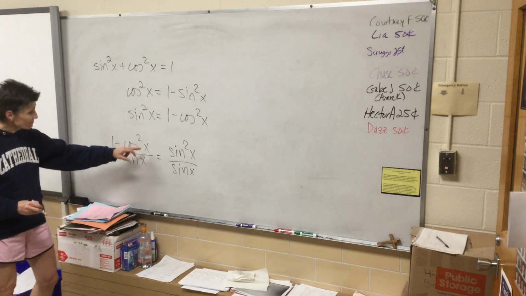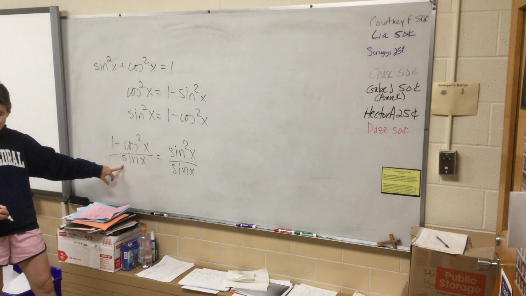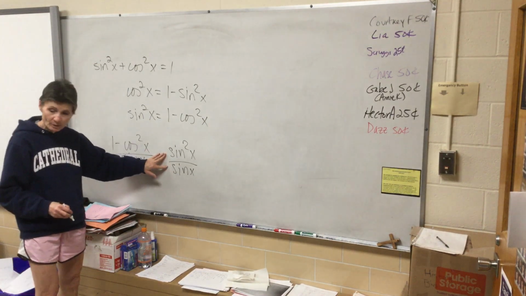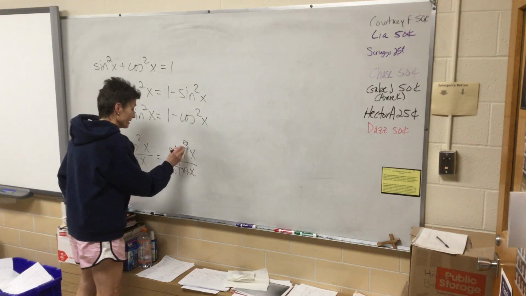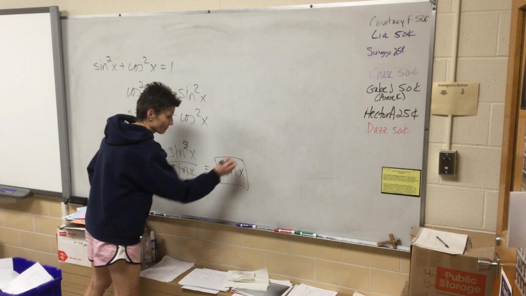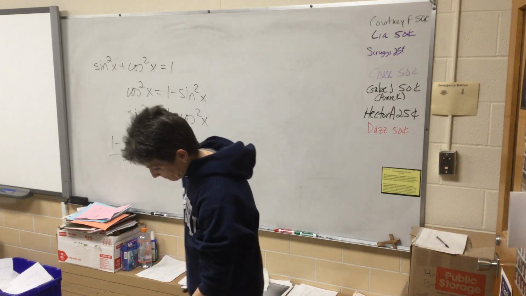So now I have sine squared over sine. What happens when you have sine squared over sine? You can cancel out one of the sines. Exactly. And you're going to be left with a sine on top. And that's your answer.